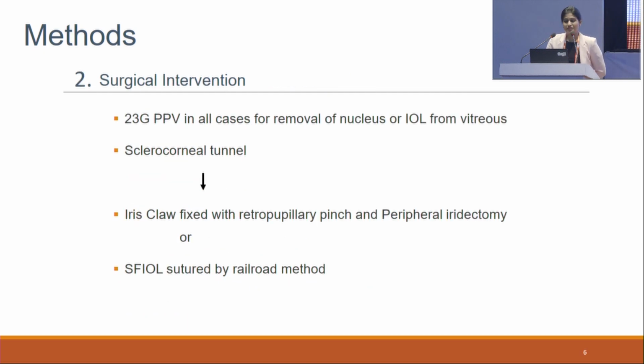After this, the patients were randomized to one of the surgical arms. Both the arms underwent a 23-gauge pars plana vitrectomy, and phacofragmentation was done for removing the nucleus, or the IOL was removed from the sclerocorneal tunnel, made in all cases for either placement of a retropupillary iris claw or a sutured SF IOL.